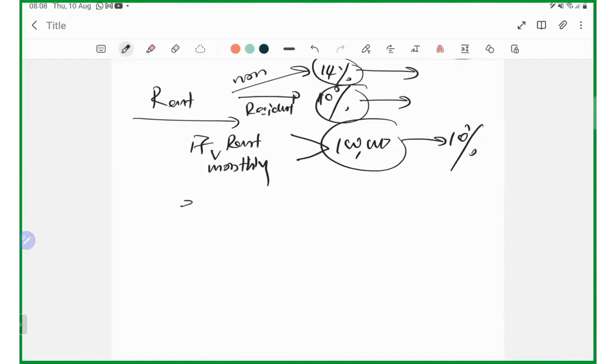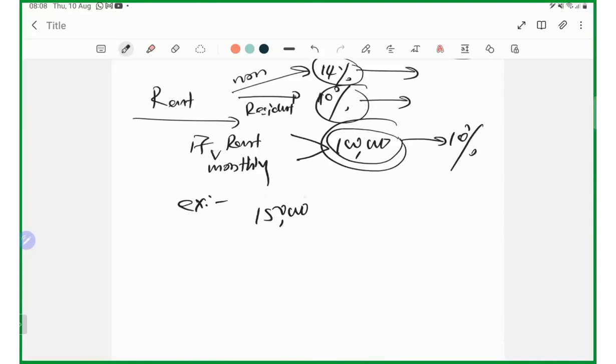Let's say for an example, the gross rent per month is 150,000. Then you may think, up to 100,000 that is exempted. Don't think like that, because the withholding tax can apply only if your monthly rent income exceeds 100,000.